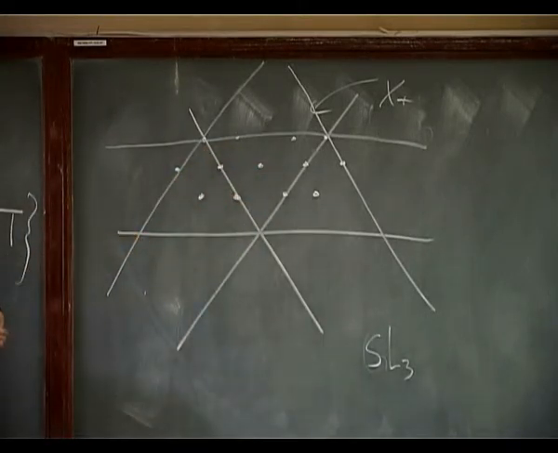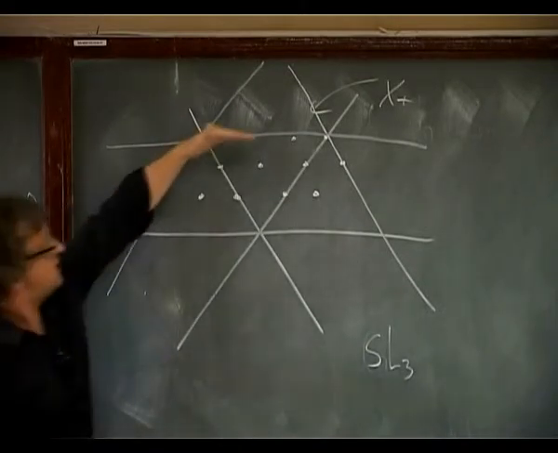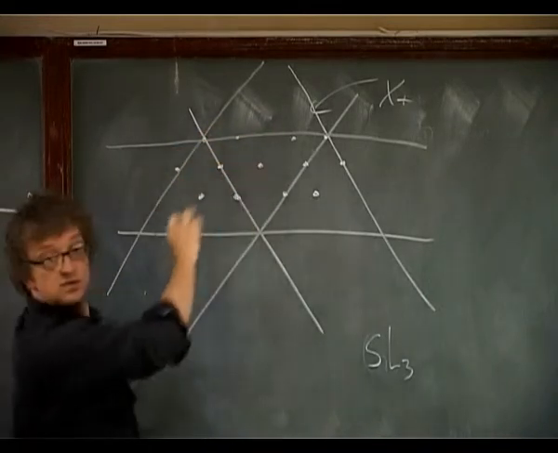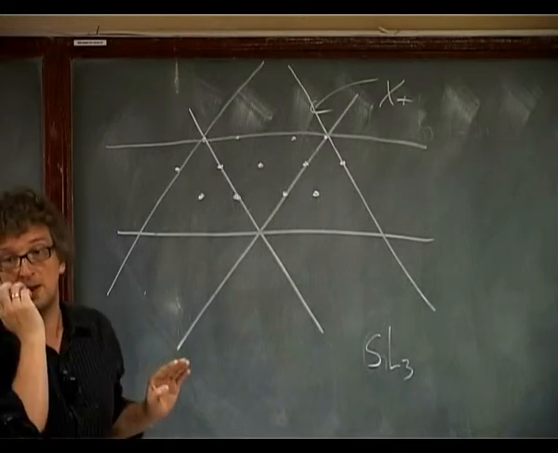If p is smaller than the Coxeter number, then these hyperplanes are such that there's no integral point in the inside of an alcove anymore.